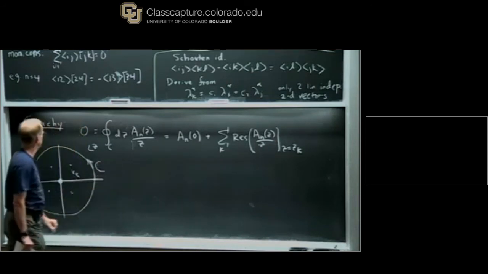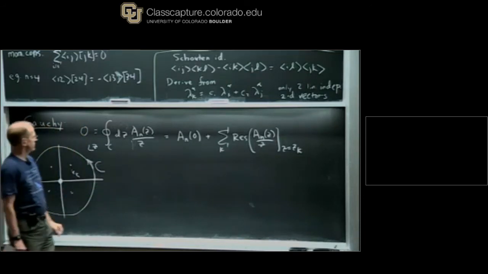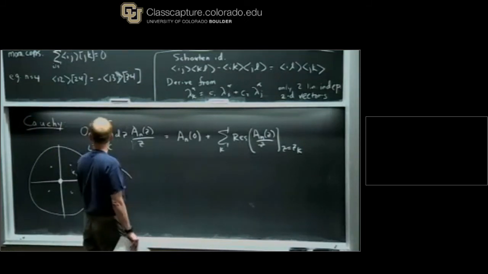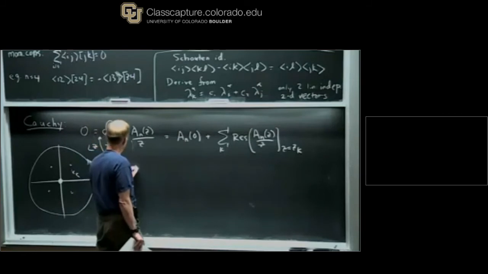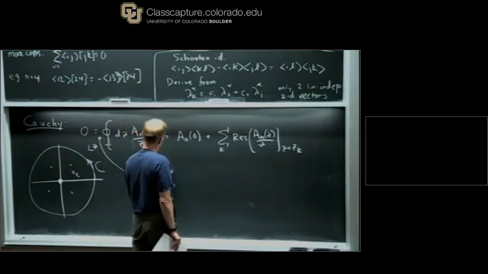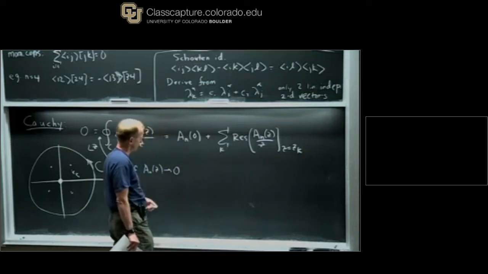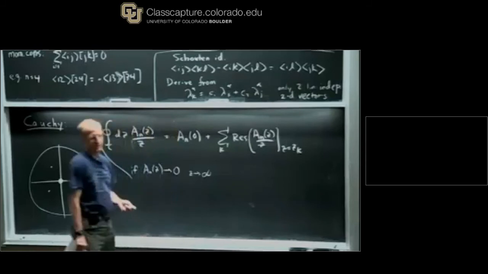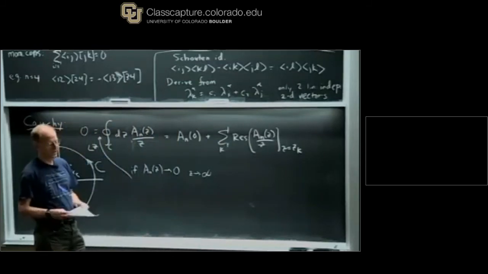And I'm going to take this large circle out to infinity. So this is only true if A_n(z) falls off, goes to 0 as z goes to infinity. This is called checking the boundary terms in the BCFW relation.